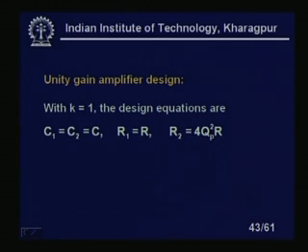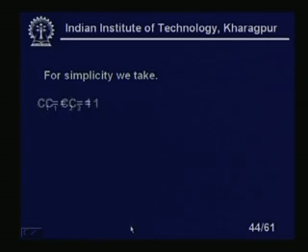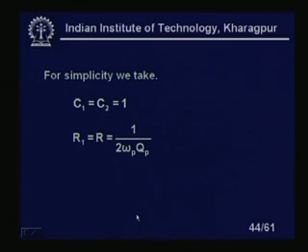So, obviously, k will be equal to 1 and C1 equal to C2 equal to C and R1 equal to R and R2 equal to 4 q p square into R. CR equal to 1 upon 2 omega p q p. For simplicity, we take C1 equal to C2 equal to 1 and R1 equal to R equal to 1 upon 2 omega p q p.